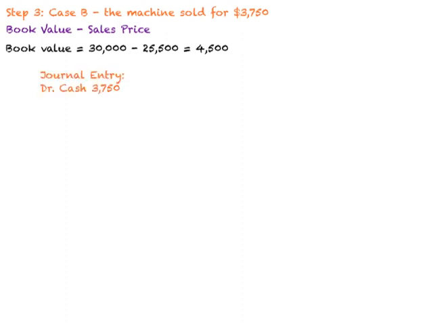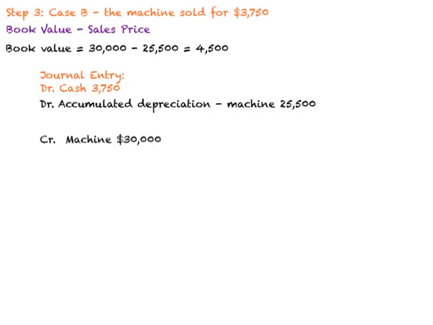We'll begin with debiting cash for the amount we received for the machine, $3,750. Next, just as in case A, we're going to remove the accumulated depreciation account off of our books by debiting the account for $25,500. And we're going to credit the machine for $30,000.